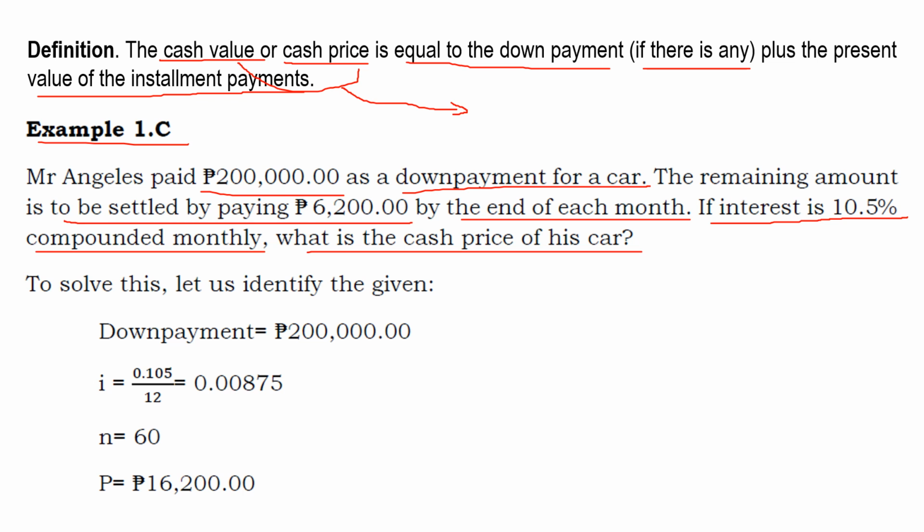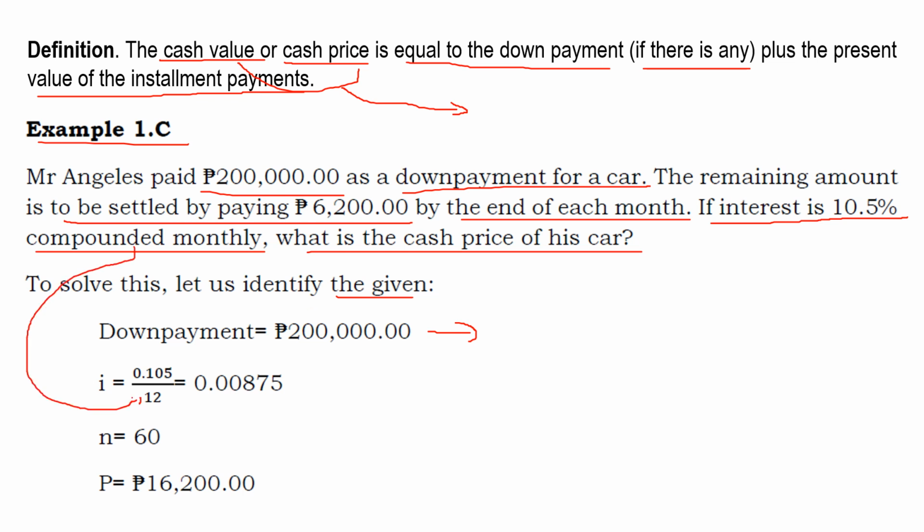To solve this, let us identify the given. The down payment is equal to 200,000 pesos. The interest being applied is 10.5%; converted to decimal, that is 0.105, divided by 12 because it is compounded monthly.